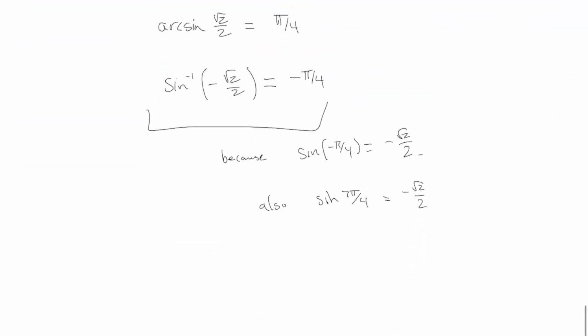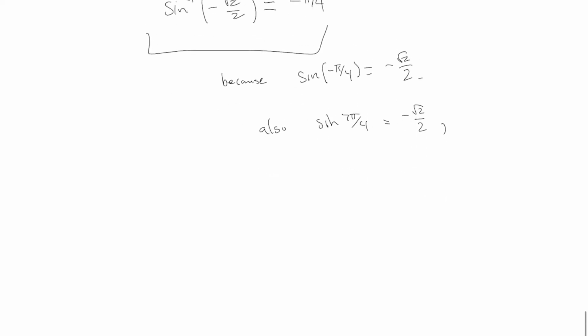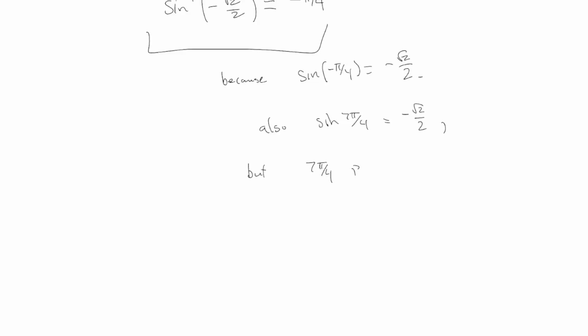That's really the problem, is that the sine function is not one-to-one. So you get weird things like this. So also this equals that, but 7 pi over 4 is not in the range minus pi over 2 to pi over 2. And that range is the only one where we consider valid answers to the inverse sine or the arc sine.